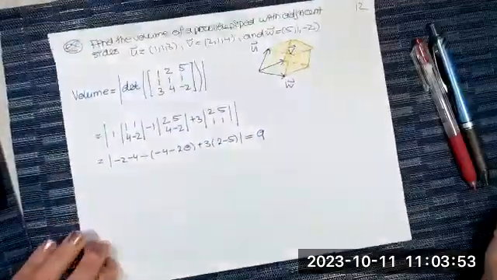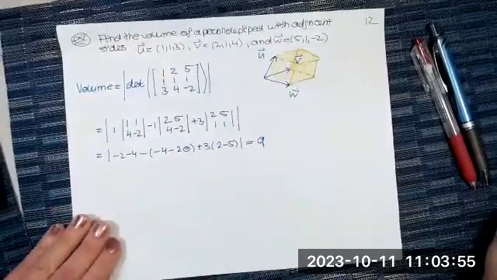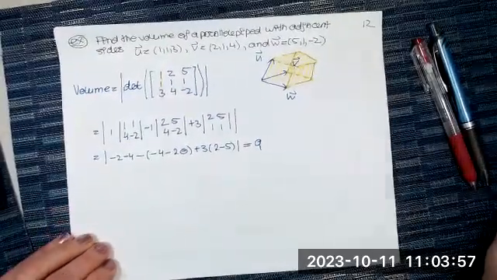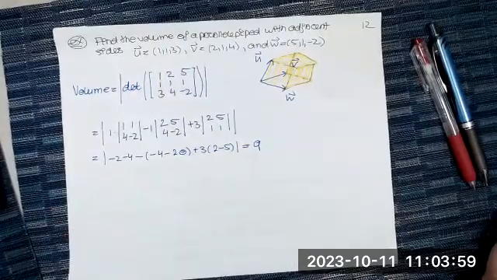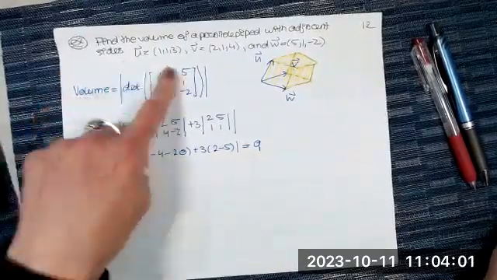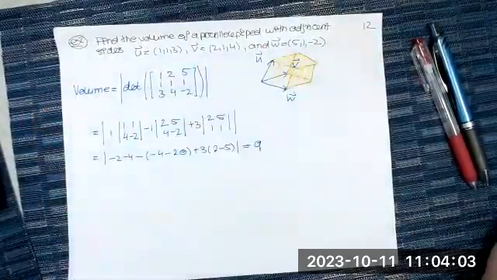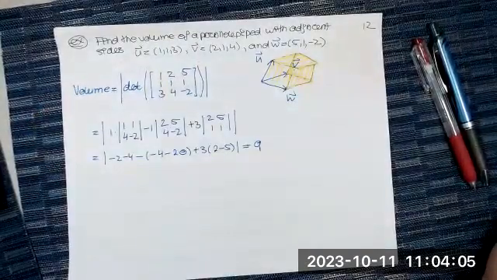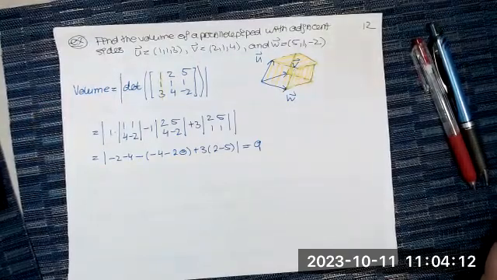We can just solve problems using the formula: if I have a parallelepiped defined by three vectors, I can find its volume by putting those vectors as columns in a matrix, computing the determinant, and taking the absolute value.